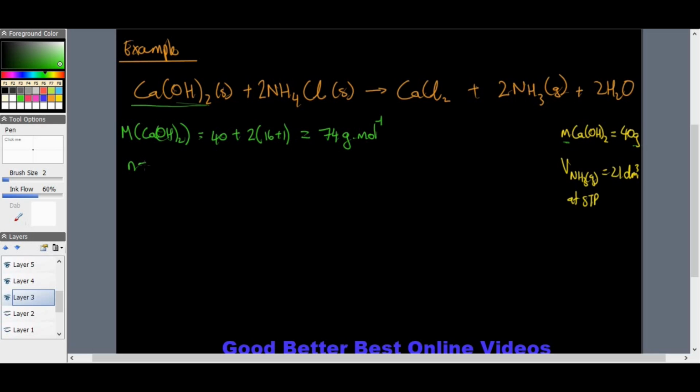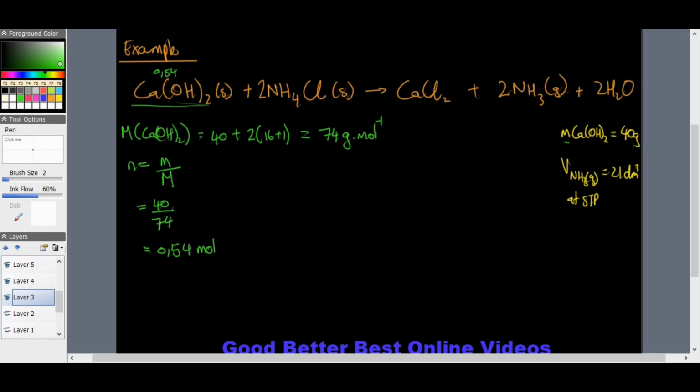Number of moles is equal to, of course, m divided by M. It's equal to 40 divided by the 74 that we just calculated. And that's going to equal, of course, 0.54 mole. So now we've got the number of moles of the substance. I'm going to write it on top here, 0.54 moles.